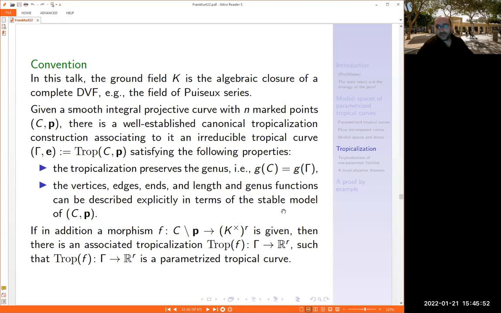Again, this procedure is well established. It is very explicit. Everything can be phrased in terms of the stable model and in terms of the monomial functions on the algebraic torus. If you're not familiar with this procedure, just believe that there is such a procedure, and this is sufficient for the purpose of this talk.